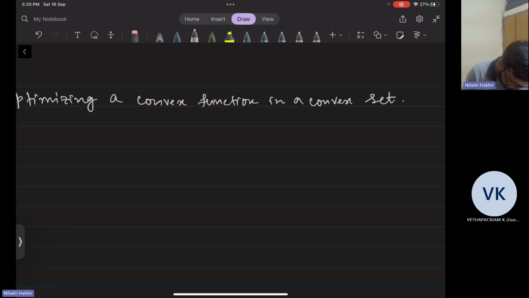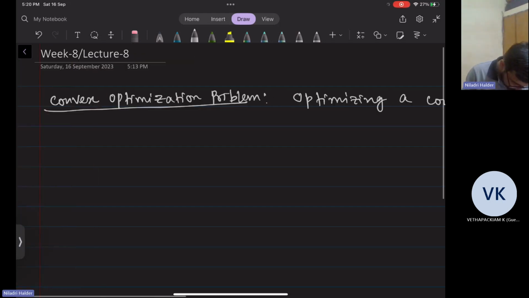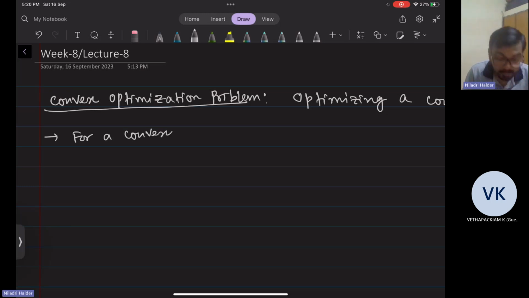Now, for a convex function, what is a convex set and what is a convex function? Those things were discussed earlier.